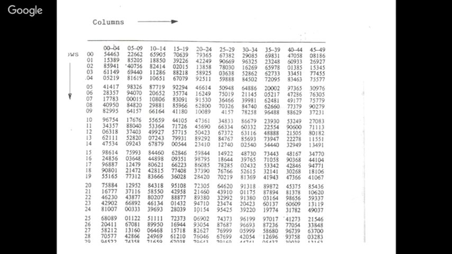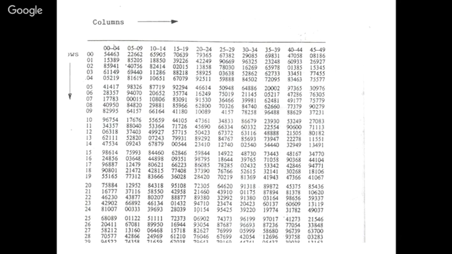Next step is, for example, if you want to select a sample size of 30 out of 900 population. You will select any arbitrary column and any row from this table.